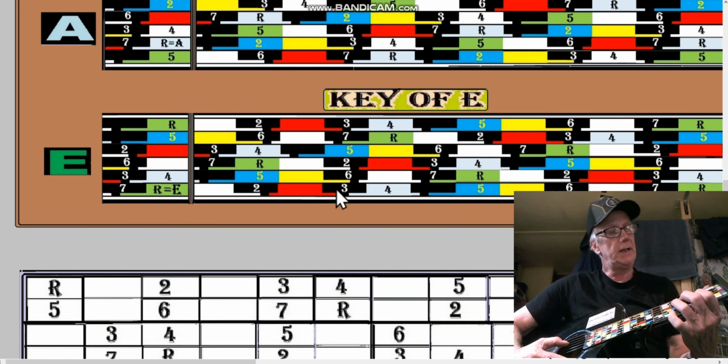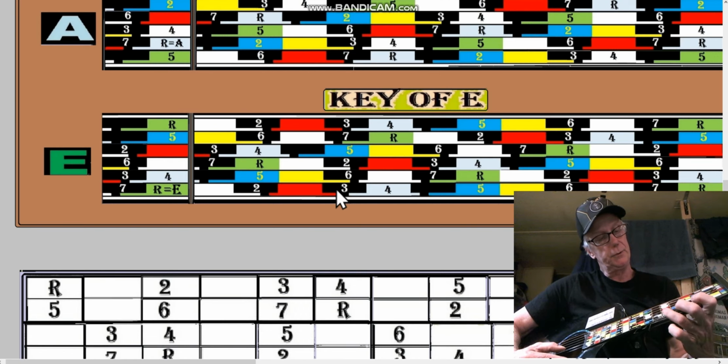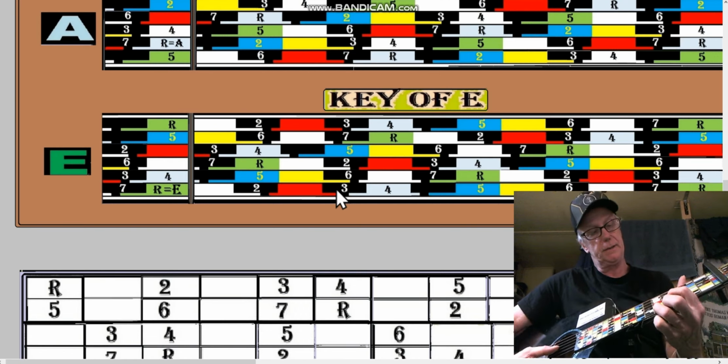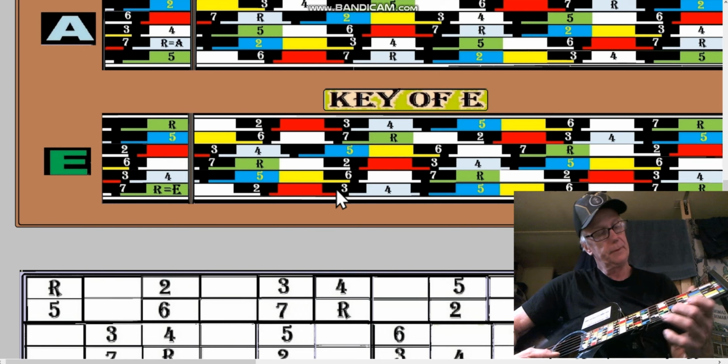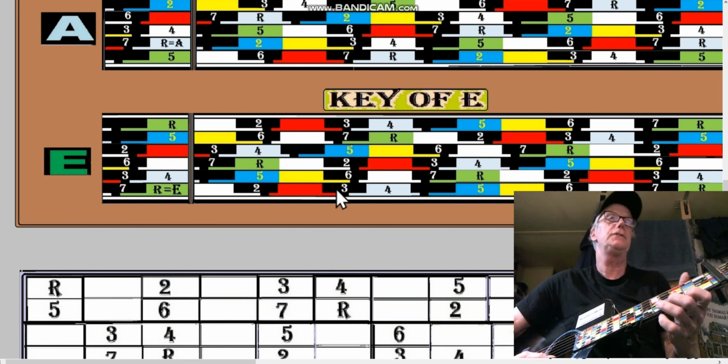Then we skip the 7, so we go root 2, and then into the 3 5 6 root, up to the E here, and then 2 3. So what shape is that? That's a D shape right there.